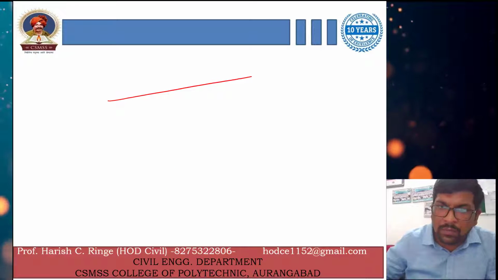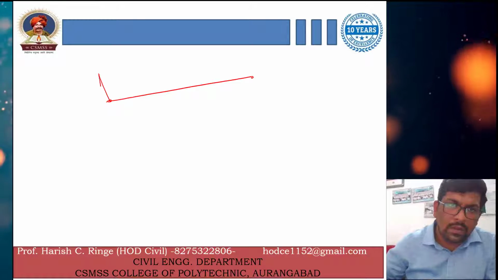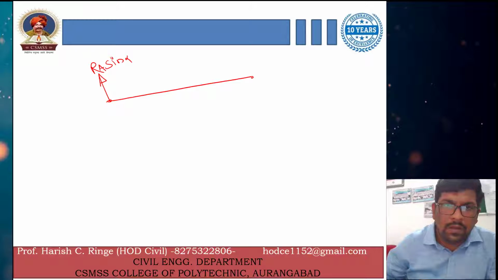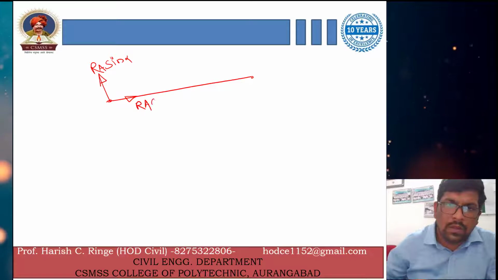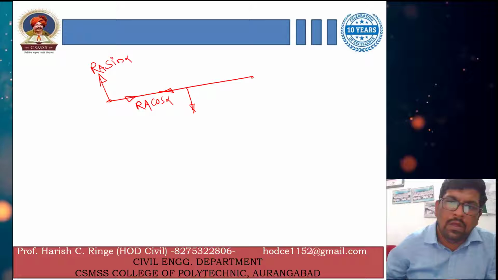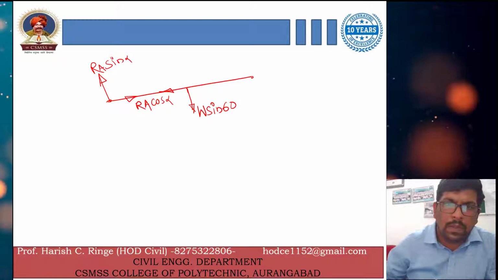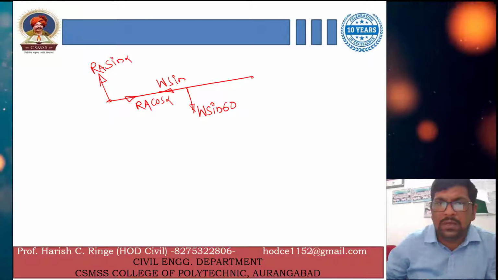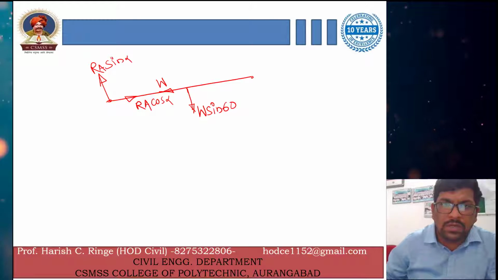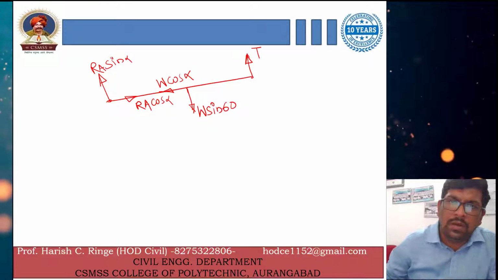So I am just writing down all the components required on this figure, RA sin alpha, and the last one is T.